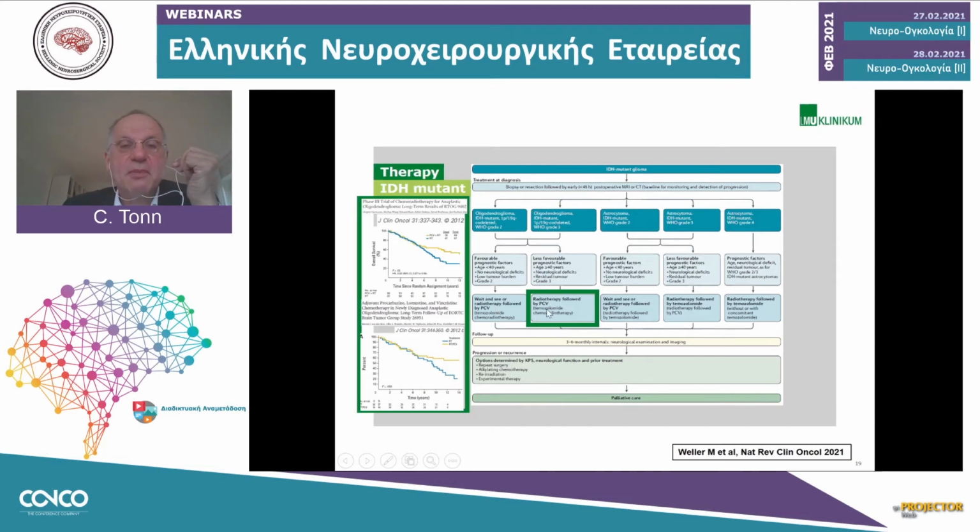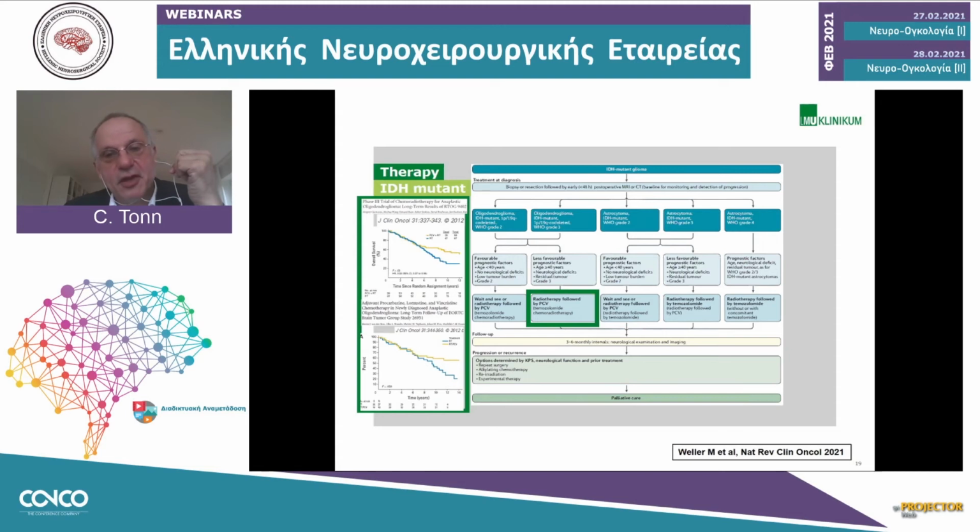So if we talk now about PCV, the books still say PCV, but we now have considerable quality of data showing that vincristine does not add any benefit to this therapy, but a lot of side effects, especially polyneuropathy.